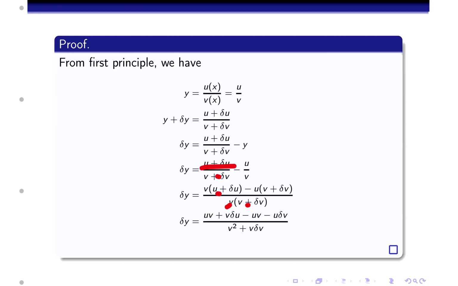Since you have all of these things now, you can expand. So delta y now becomes v times u is uv, v times delta u is v delta u, minus u times v is uv again, u times delta v is u delta v, then v times v is v squared, v times delta v is v delta v.